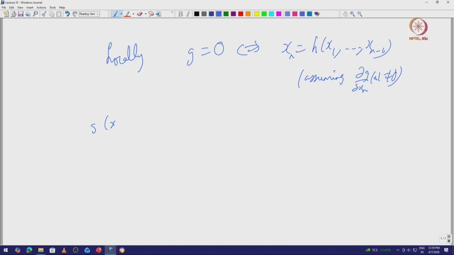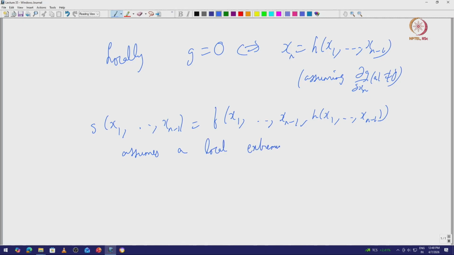Then the function s of a fewer number of variables defined by this, where we replace the last one by this function h, assumes an unconstrained local extremum at the point a tilde, which is a1 to an minus 1.